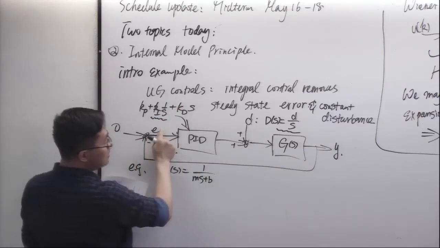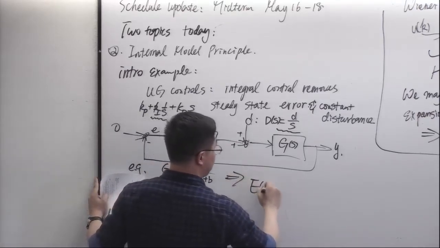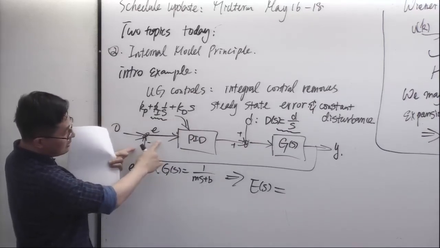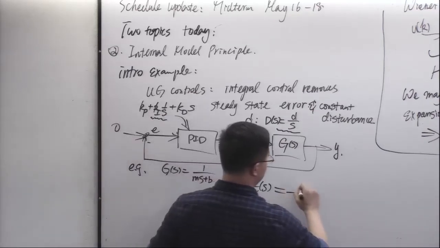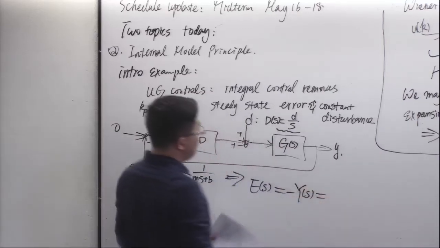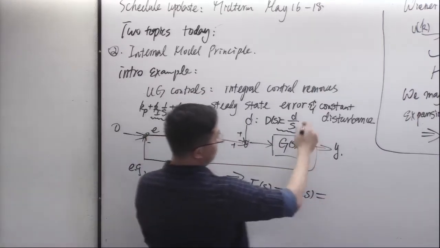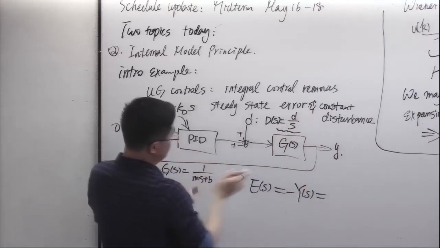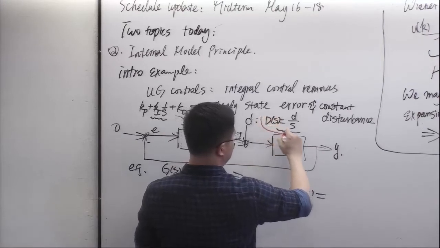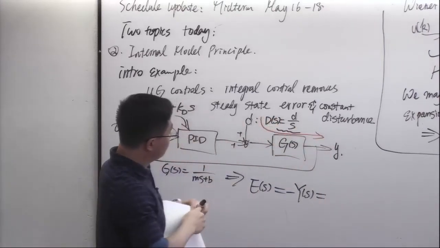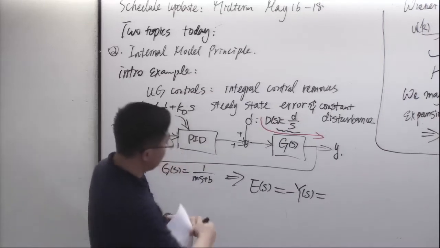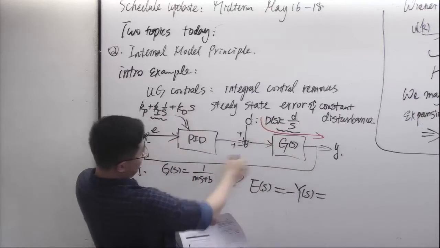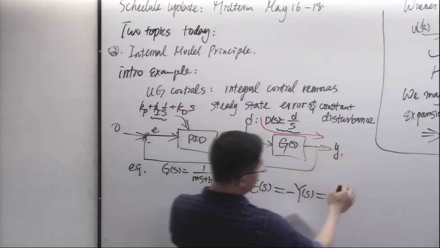So let's take a look at this steady state error. The steady state error in the Laplace domain is negative of y of s. And then y of s, we can take a look at this path from here to here. We know this is an input, and then it goes through this dynamics and then generates the output.